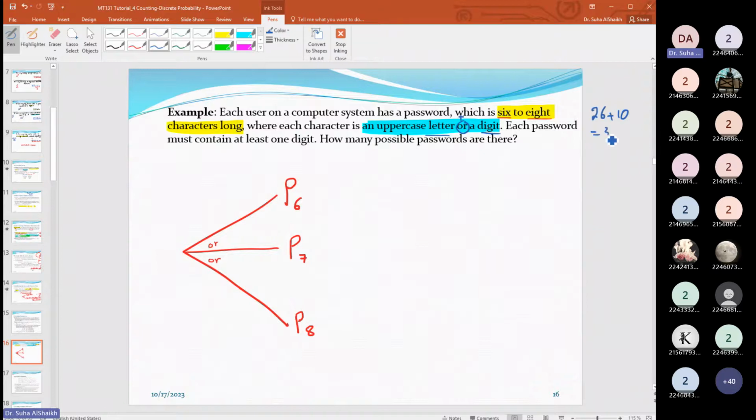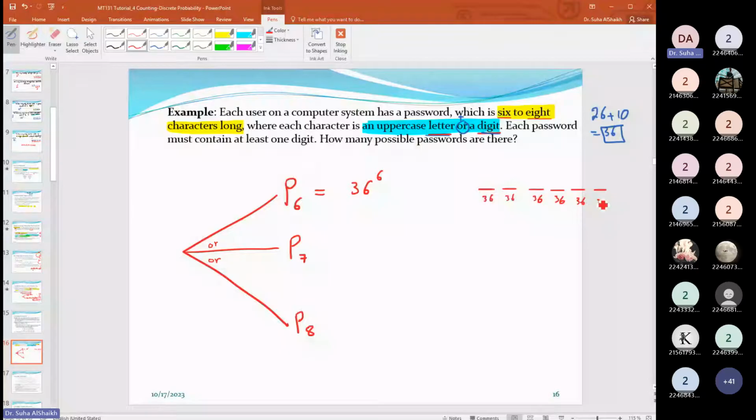So we have 36 options for each place here. So for the password of length 6, since it has 6 places, it's going to be 36 to the power 6, because the password length here is 6: 1, 2, 3, 4, 5, 6. Each place will have either a letter or a digit. The letters are 26 and the digits are 10, add this, equal to 36. So each of these places will have 36 options, 36 options, 36, and 36.